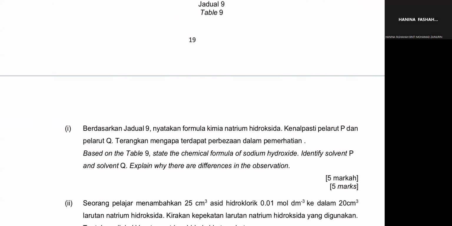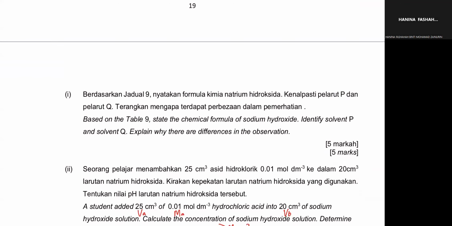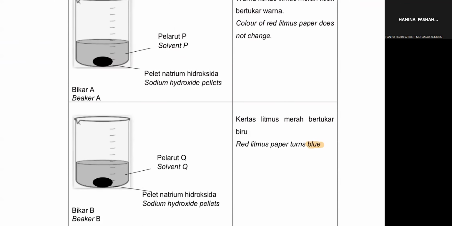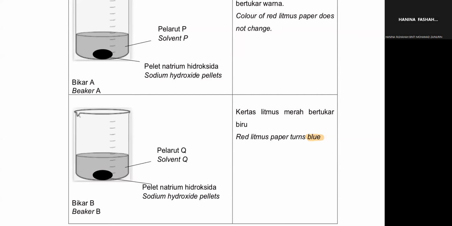The chemical formula is NaOH. Identify solvent P. Now, which one do you think is solvent P? Solvent Q is confirmed, there is only one answer. Solvent Q is water.